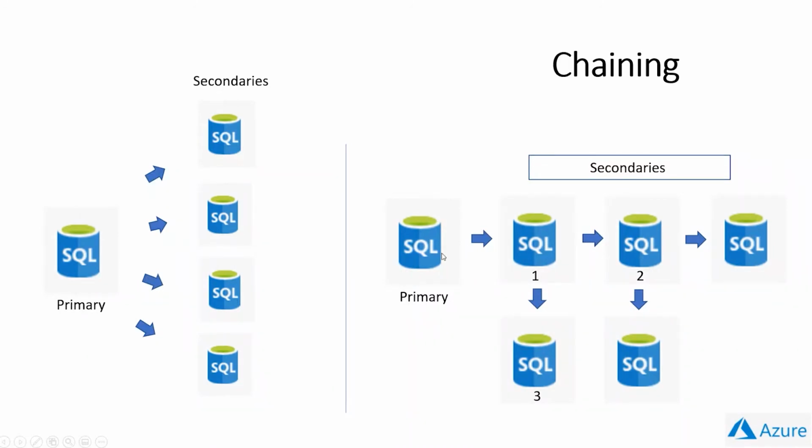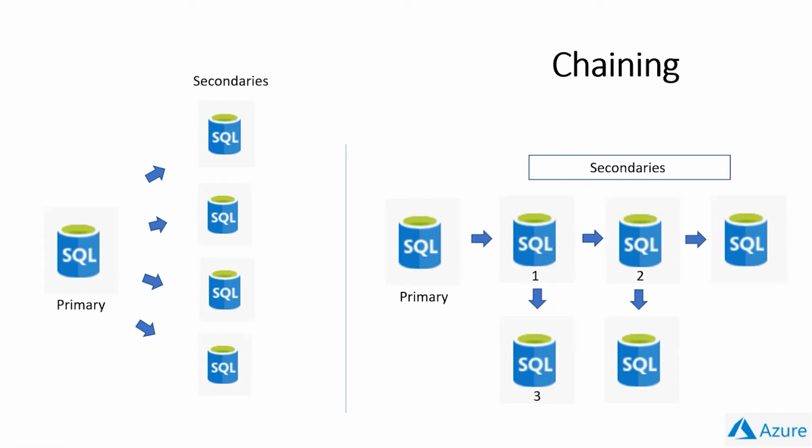In the example on the right, the primary is only replicated to 1 database, so it's using less CPU and memory for this operation. Of course, this will increase the lag. So for example, between the primary and the last database of the tree, there is an increased lag in terms of how the data has to jump between many databases.